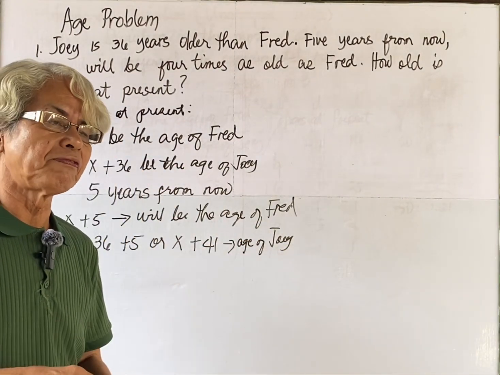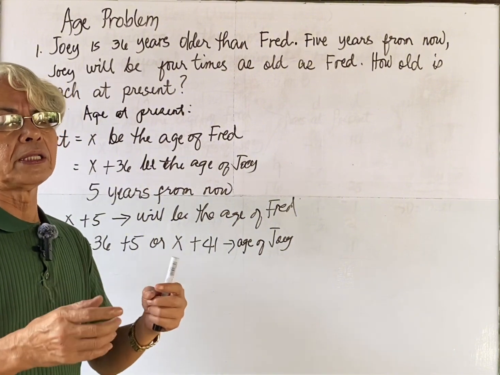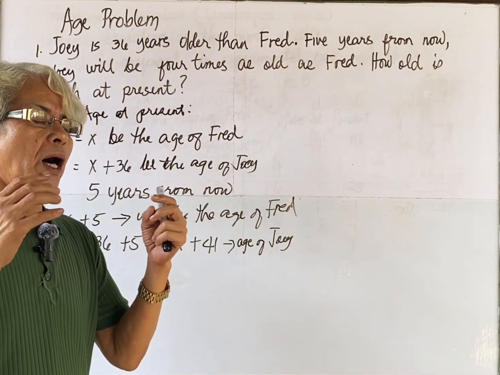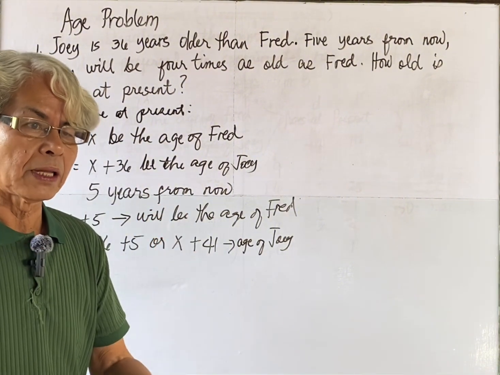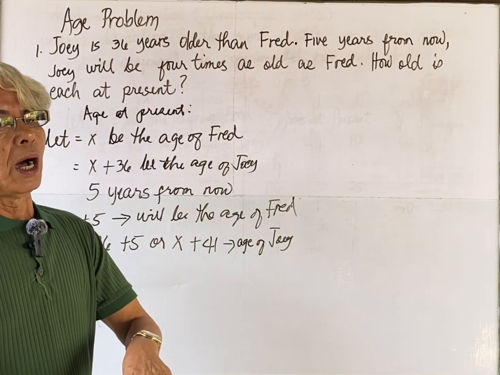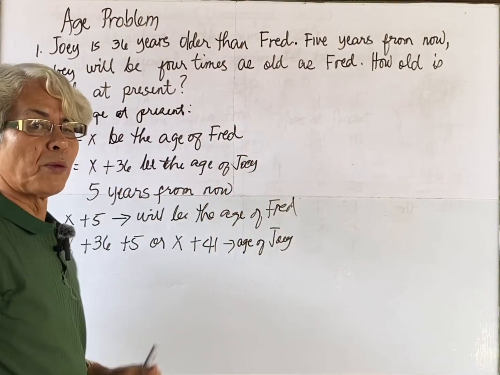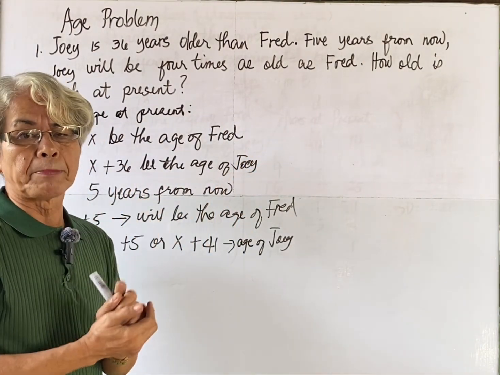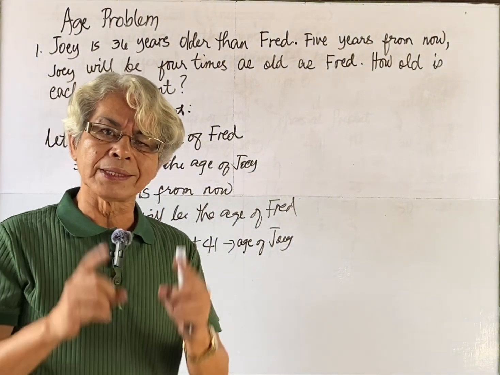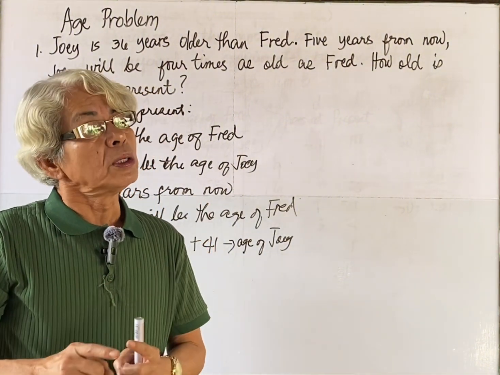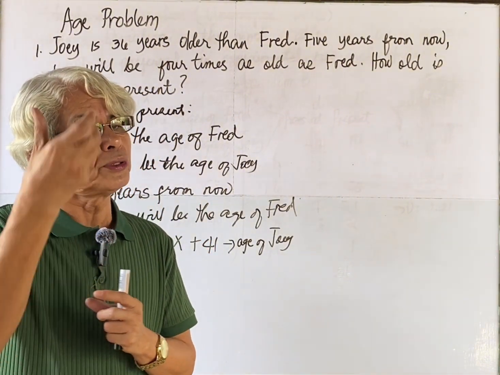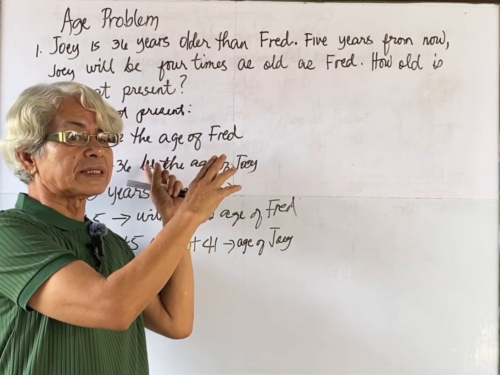If it is given that it was 5 years ago, or like in our example, 5 years from now, you are going to make an equation for the future or the past, not the present.